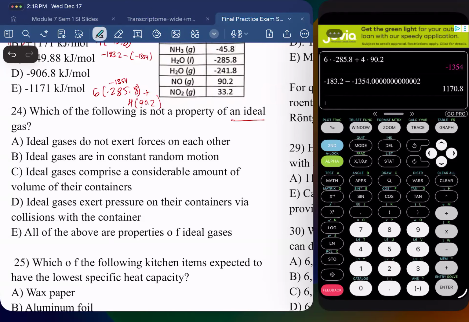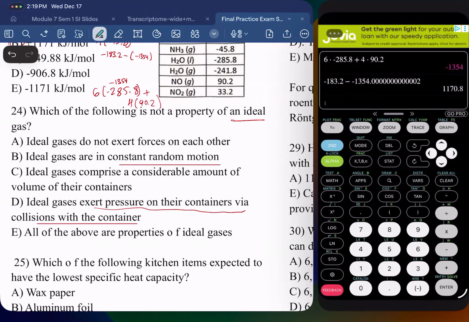We're also assuming that it has constant random motion, right? So that means that it's just constantly moving. We also consider that it exerts pressure on the container through collisions with the container. We don't really consider the volume of the gas. We always say that the volume of the gas would be the container itself, but the reality is that the gas actually takes up some volume, right?